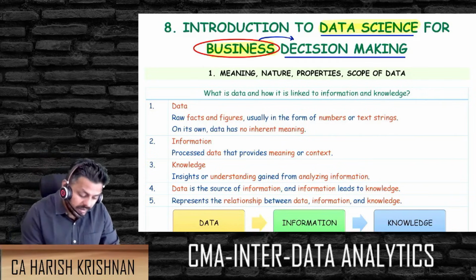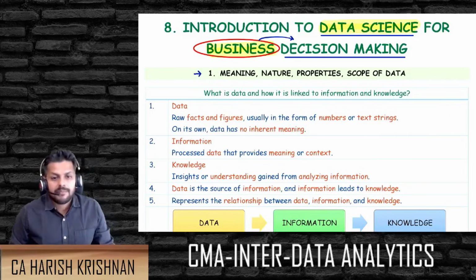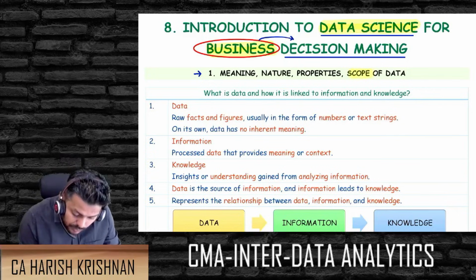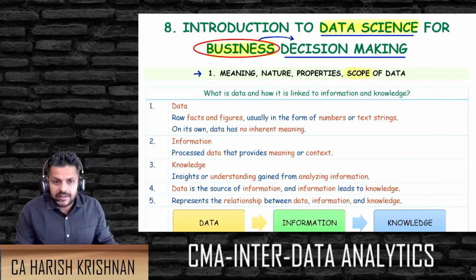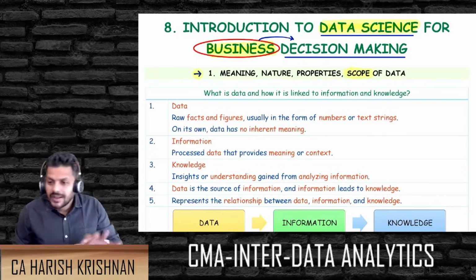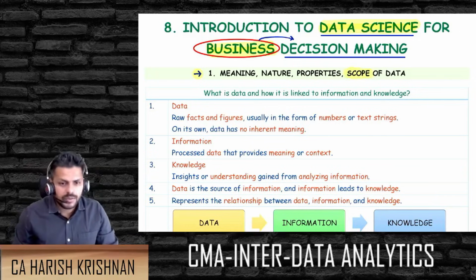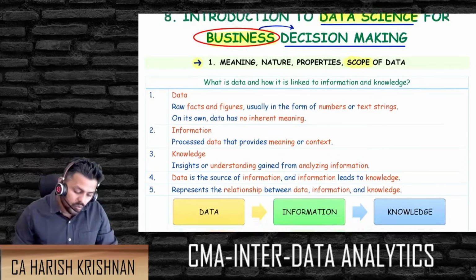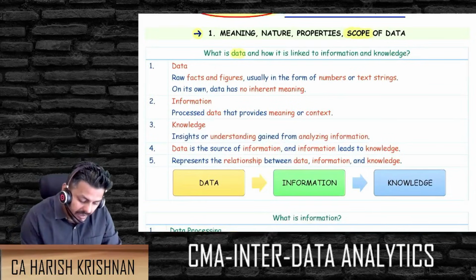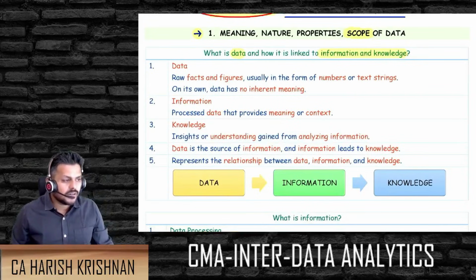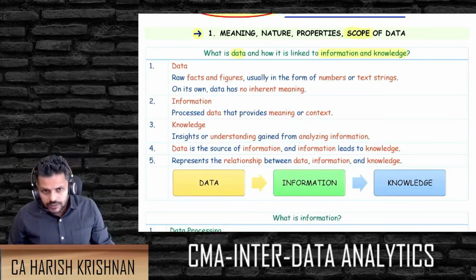Considering that, we will talk about the meaning, nature, properties, and also some of the scope of the data. This entire story will explain what is to be done in the first place. So what is data and how is it linked to information and knowledge? Three key words are being discussed, guys: what is data, what is information, and what is knowledge.